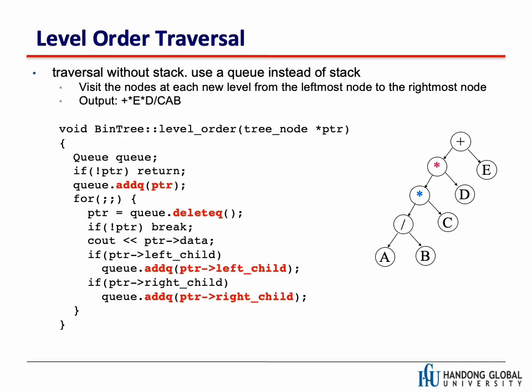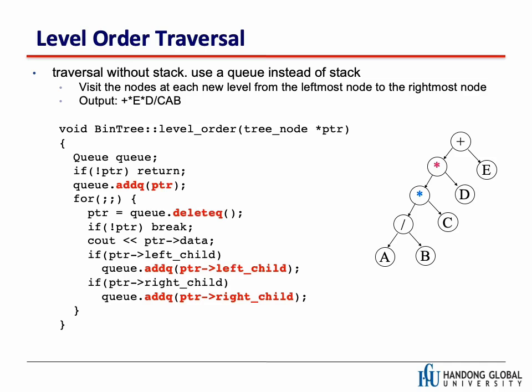In this implementation, we use a queue instead of a stack. We get one pointer as a parameter, and we declare one instance of a queue. If PTR is null, then we return and don't do anything. First we add PTR.